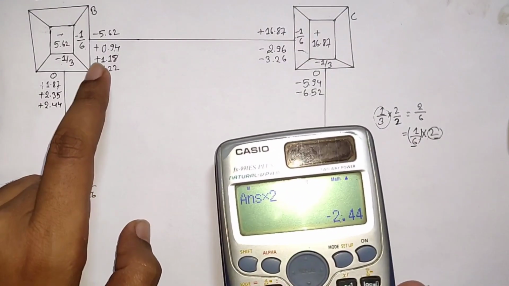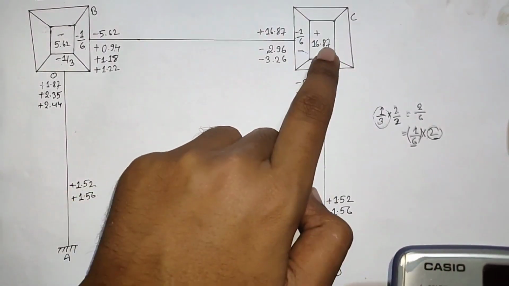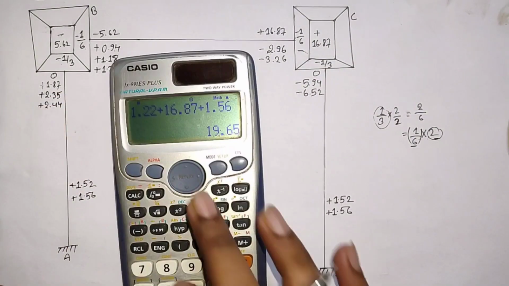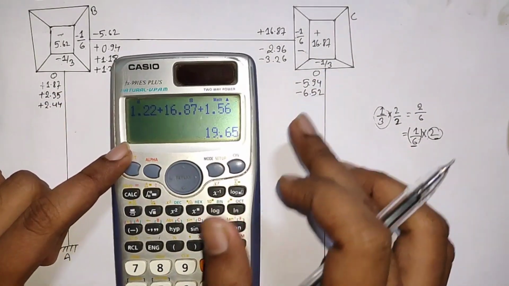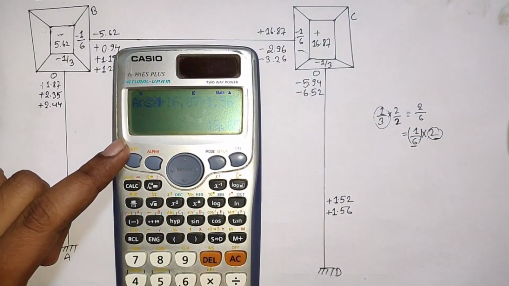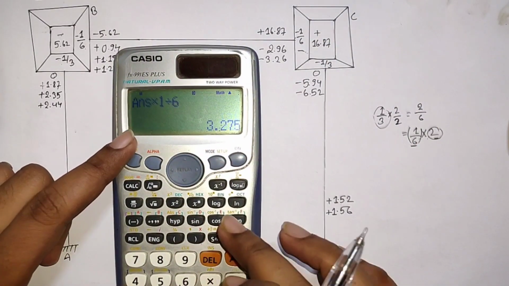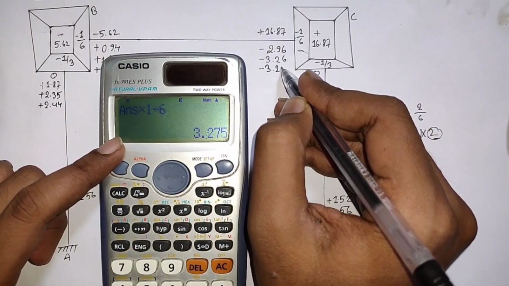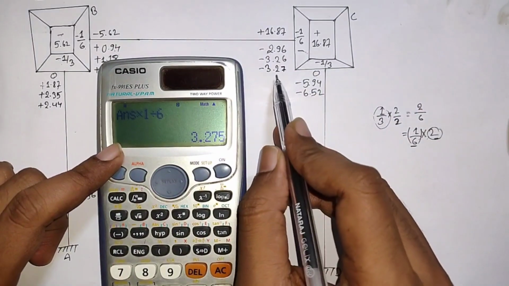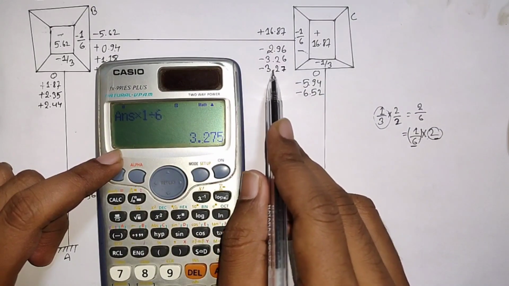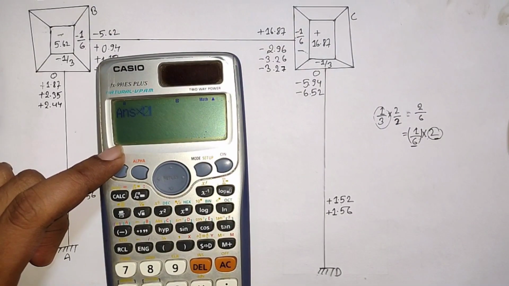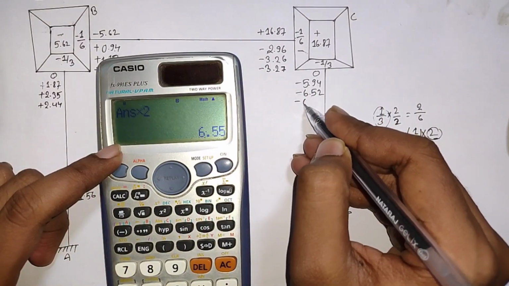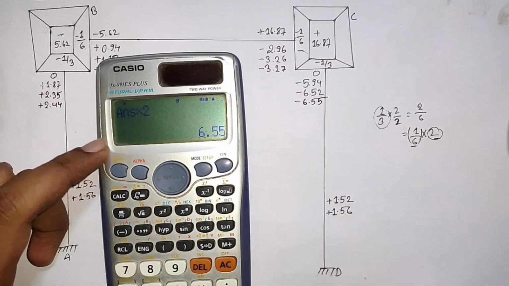Now guys, add this value, and this value. So adding these three, we get 19.65. Multiply this with the factor 1 by 6. We get minus 3.27. Now guys, we have got minus 3.27. Again multiply this by 2. We get minus 6.55.